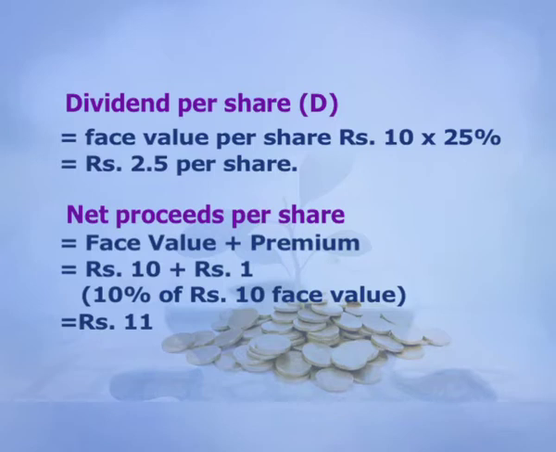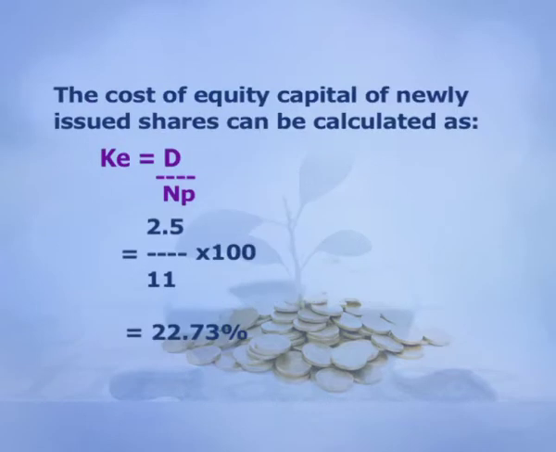Net proceeds per share is equals to face value plus premium, which is equals to rupees 10 plus rupees 1, that is 10% of rupees 10 face value, which is finally equals to rupees 11. The cost of equity capital of newly issued shares can be calculated as KE is equals to D divided by NP, which is equals to 2.5 divided by 11 multiplied by 100, which is equals to 22.73%.